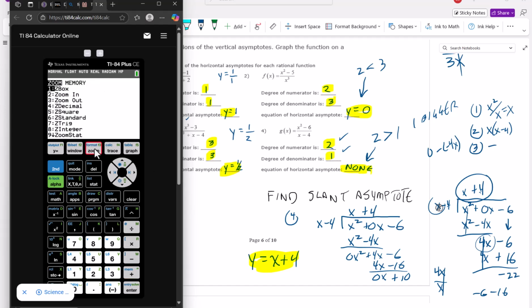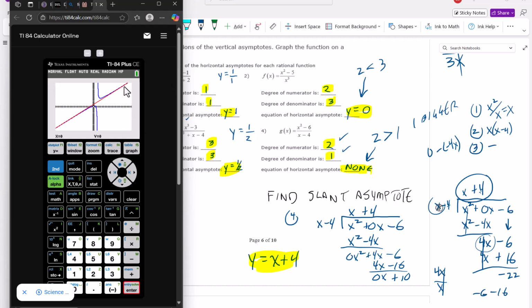So notice what's happening, and you're not seeing all of this graph. One thing I could do is change my window a little bit. You can zoom out, which will take you further from this. And what you're going to see is, see how it gets close to that slant asymptote? The slant asymptote is the line y equals x plus 4. So as x gets bigger, it just gets closer to the value of that line.